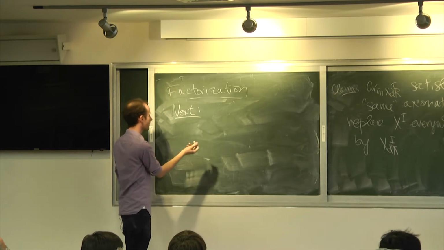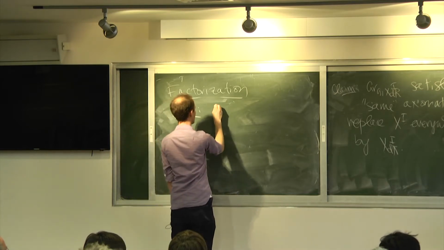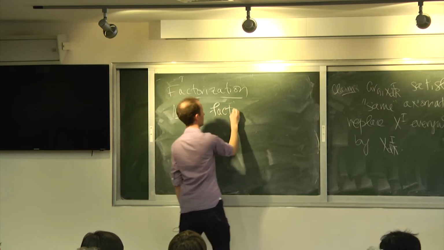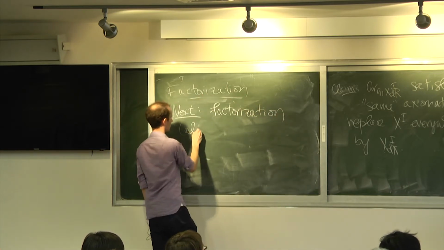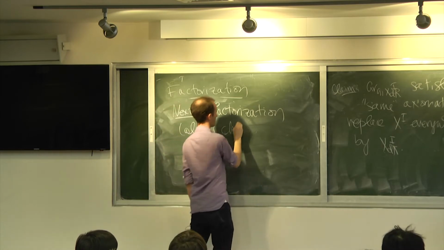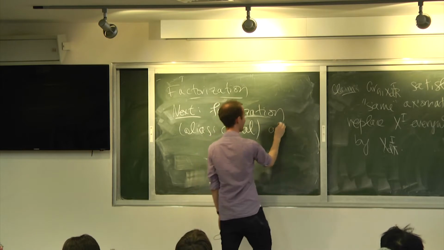Next. So, OK, the next idea is factorization algebras. These are equivalent to something called chiral algebras. Actually, I'm not defining anything.